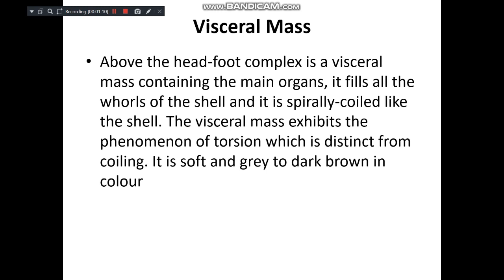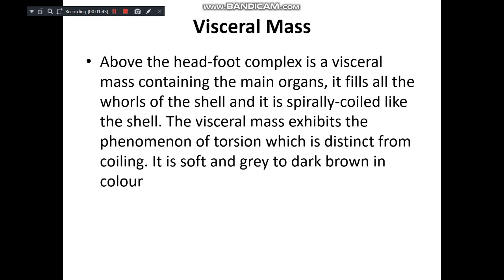Above this head and foot complex, there is the visceral mass, and this visceral mass contains the main organs. In fact, it fills the entire body whorl of the shell. A larger area is occupied by this visceral mass. The visceral mass usually shows a twisting, what is known as torsion, which is distinct from coiling.